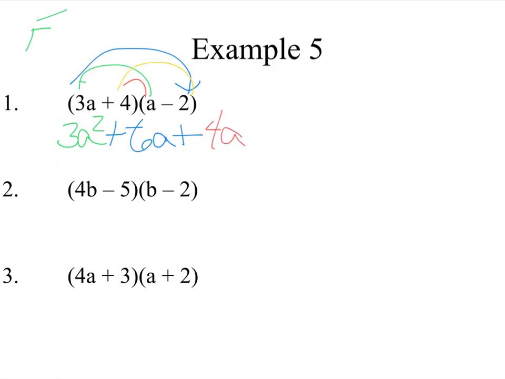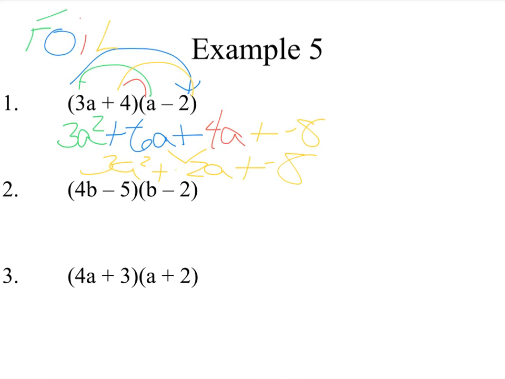And last are the 2 pieces last in each parenthesis, which would be negative 8. So F, O, I, and L for FOIL. Middle two pieces add together just like the box method. This is basically replacing the box method because you can eventually go quicker.